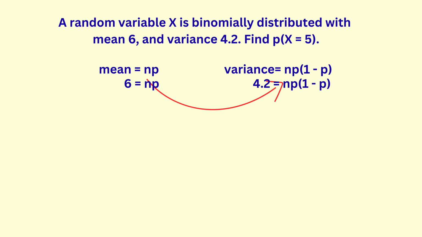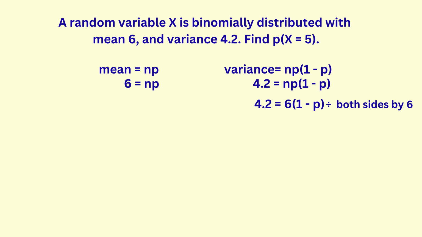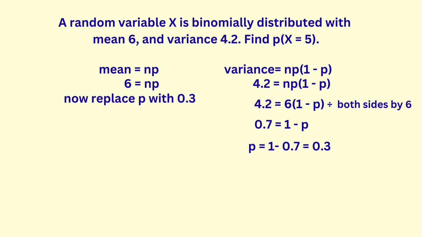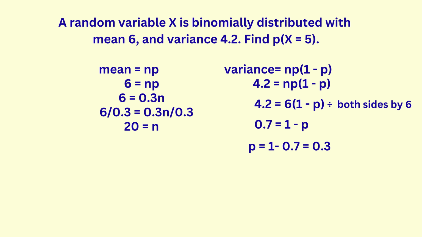Using substitution, we can replace np with 6 in the variance formula. Then divide both sides by 6 to get 0.7 equals 1 minus p. Solve this and we get p to be 0.3. To get the value of n, we know that np equals 6. To find n, we divide both sides by p, which is 0.3, so n is equal to 6 over 0.3, which is 20.